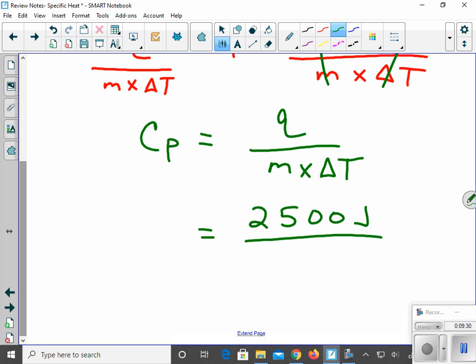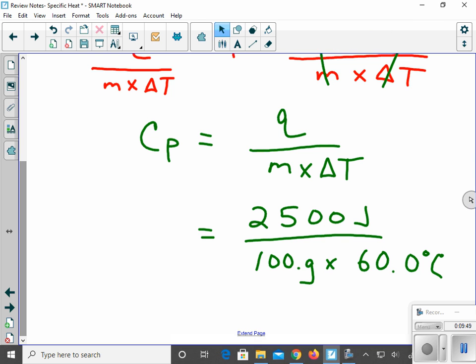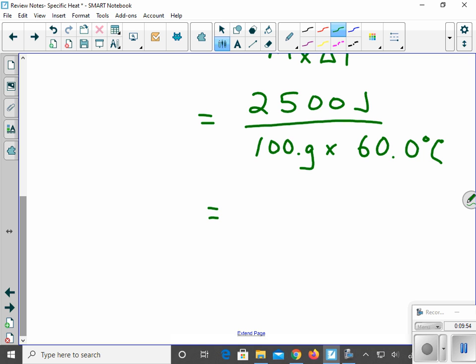My mass was 100 grams, and my temperature went from 10 degrees to 70 degrees, so my change in temperature was 60.0 degrees Celsius.